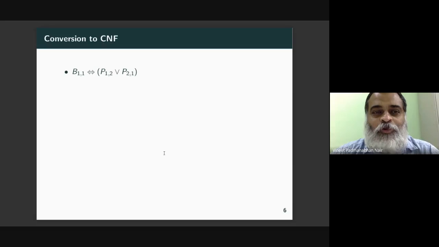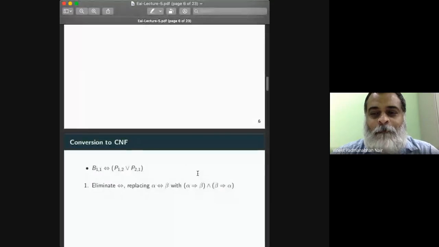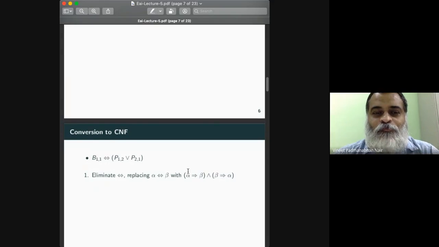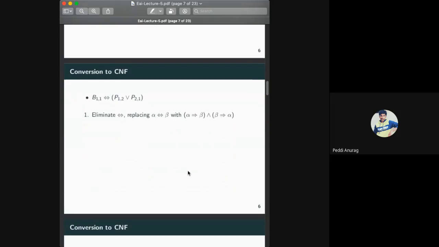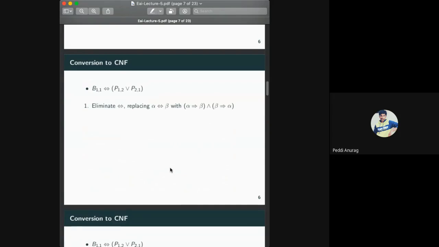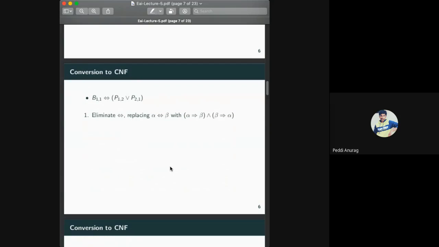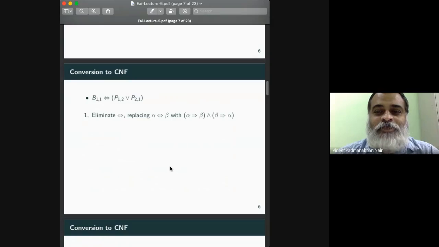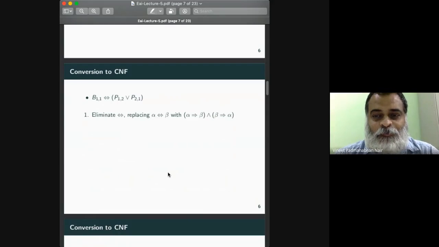You have heard about conjunctive normal forms, right? Hello. It is a conjunction of clauses. So it is a conjunction of disjunctions. Inside the brackets, you will have disjunctions, and outside the brackets, the main connective will be conjunction. Okay.